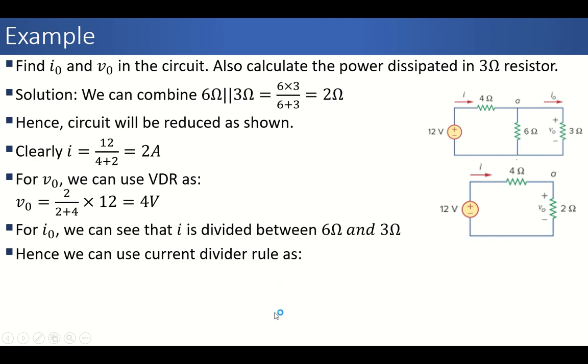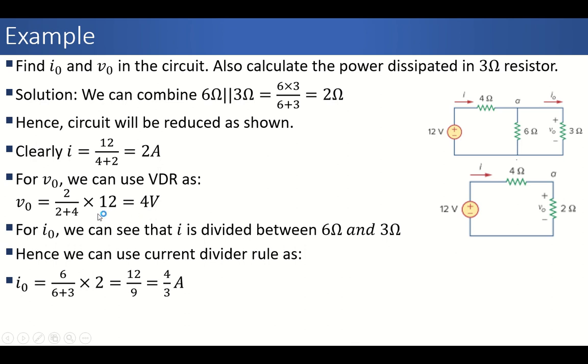For finding I naught, because we want the current in this resistance, we take the resistance in the parallel direction, that is 6. So 6 divided by the sum of the resistances, 6 plus 3, is 9, multiplied by the current that is divided, 2 ampere. So 6 into 2 is 12, divided by 9, so this will be 4 upon 3 amperes or 1.33 amperes. So this is the value of I naught and this is the value of V naught.